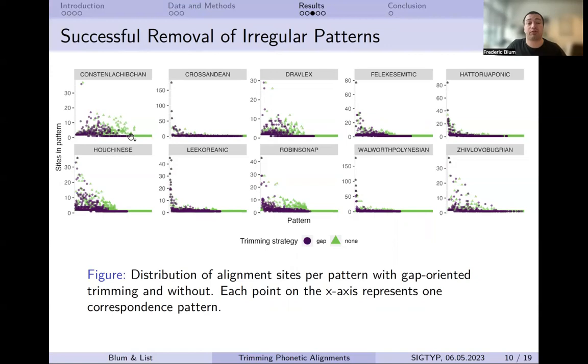First, the overall number of correspondence patterns is reduced in the gap-oriented trimming, which is kind of obvious because we trim alignment sites and remove them from the data. But we also see that we successfully remove those correspondence patterns that include only very few alignment sites, the irregular correspondence patterns, which we take as further proof of concept of removing problematic material and data.